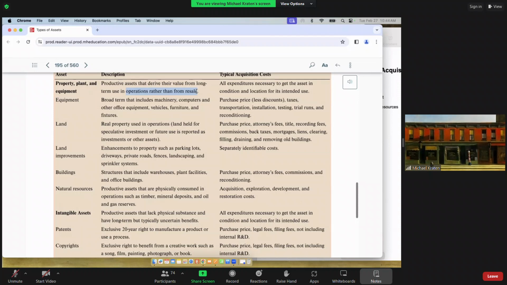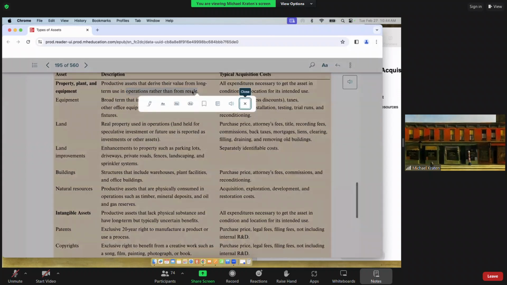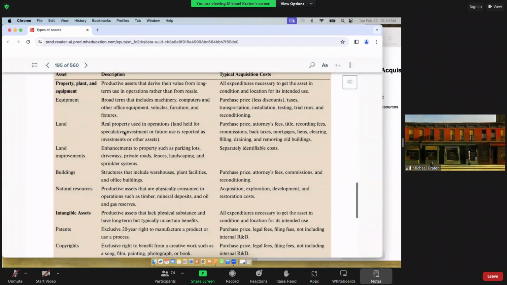So if you're buying a house to flip it and make a quick profit, that is not property, plant, and equipment. On the other hand, if you're buying a building to work in, you're not selling the building, you're going to work in it. That is property, plant, and equipment.